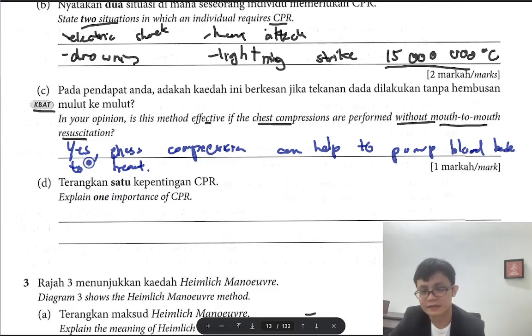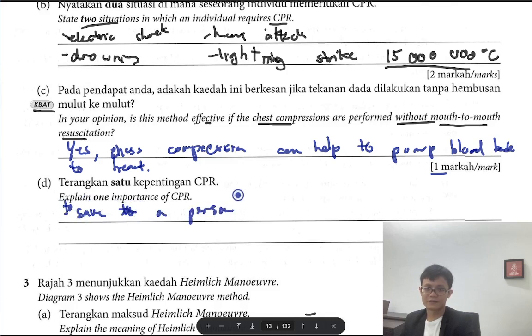So yes, 1 mark only. State one importance of CPR. So why is it important to have CPR? 2 marks. So I'm thinking maybe I just write the keyword: to save a person's life.